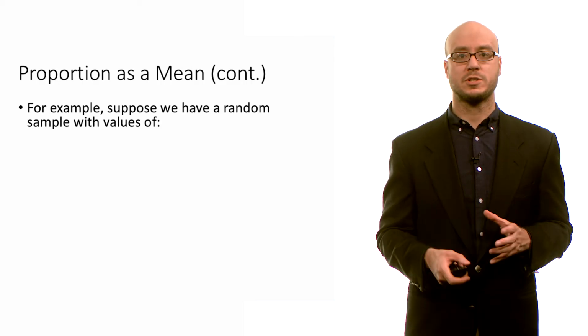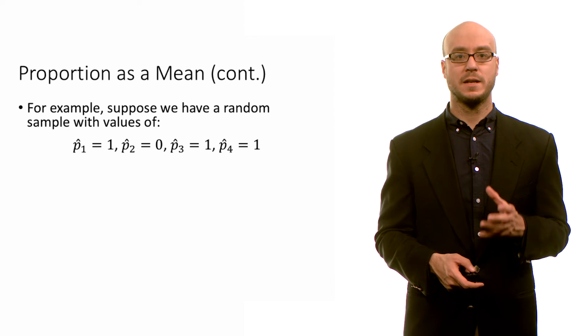But in real life, a success could be something that is bad, maybe getting sick. You might code that as 1, but when you hear people talk about successes and failures in the context of coding a binary categorical variable as 1s and 0s, keep in mind that that's what they're talking about. 1 is referred to as a success and 0 is referred to as a failure. Now, we can think of the proportion as a mean.